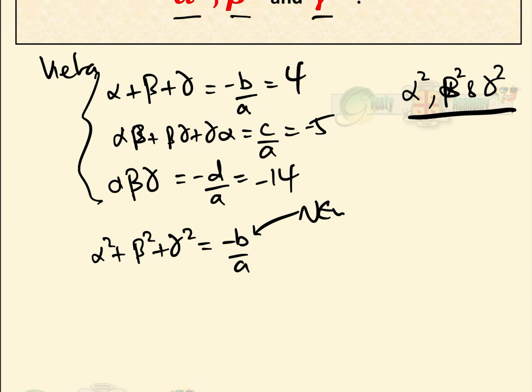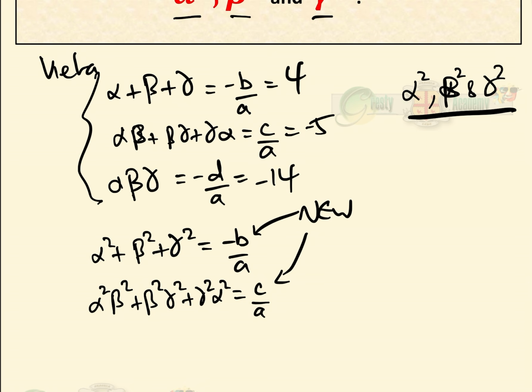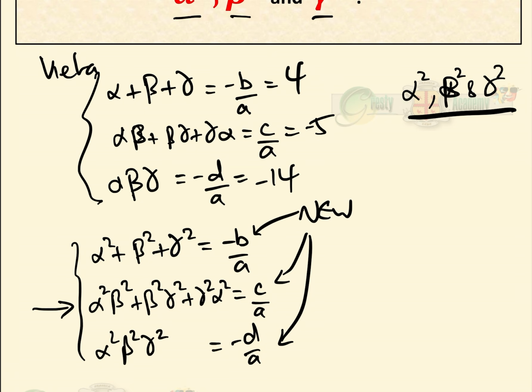Then alpha squared beta squared add beta squared gamma squared add gamma squared alpha squared will be the new c over a, and this is the one that causes the problem. And alpha squared beta squared gamma squared will be minus d over a of the new equation. So let's do the easy ones first.